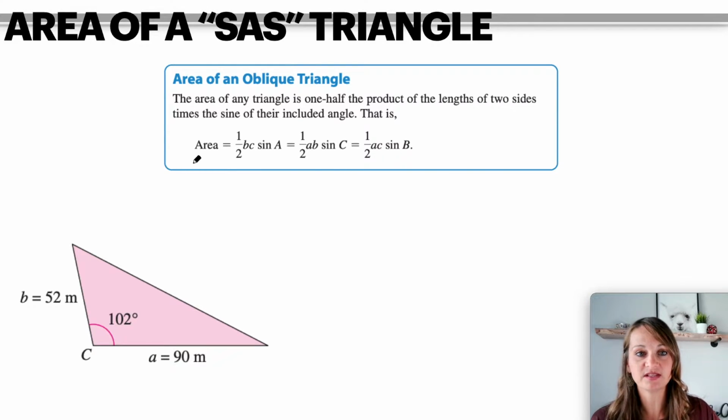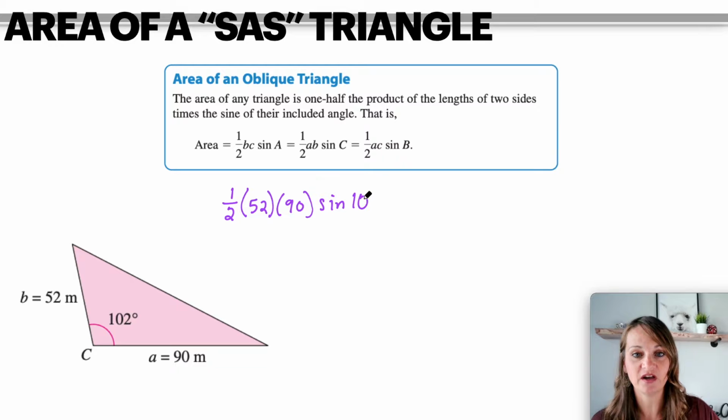Basically, all these formulas are completely the same. You take the two sides, multiply them by the sine of the angle, and take half. So in this case, it is going to be 1/2 times 52 times 90 times the sine of 102 degrees. Don't forget that your calculator needs to be in degree mode.